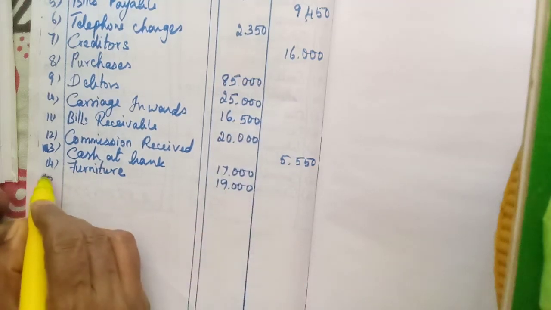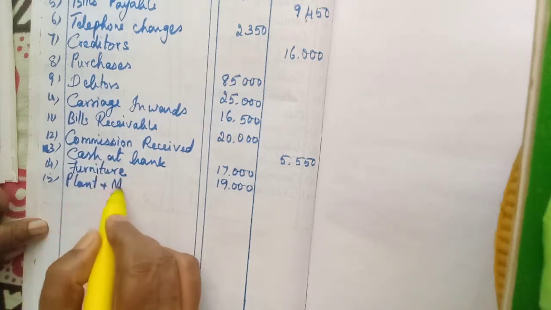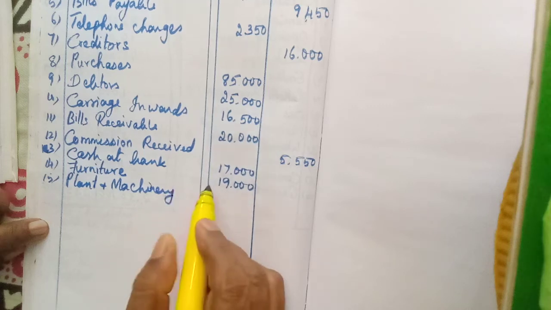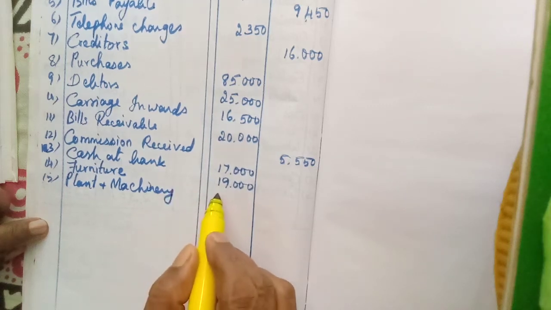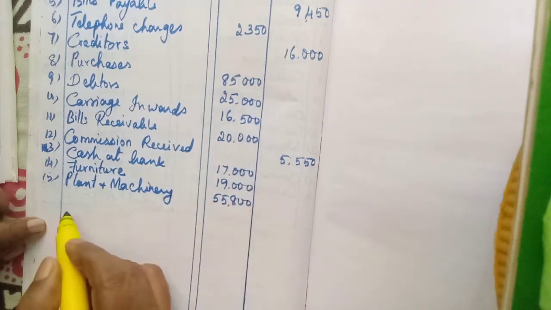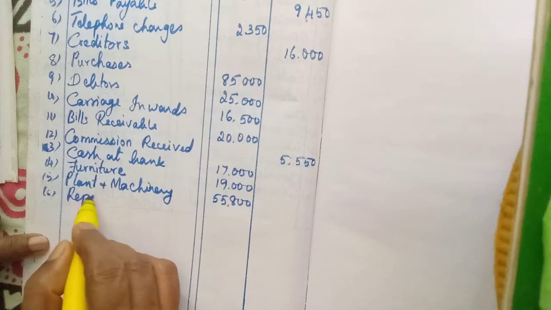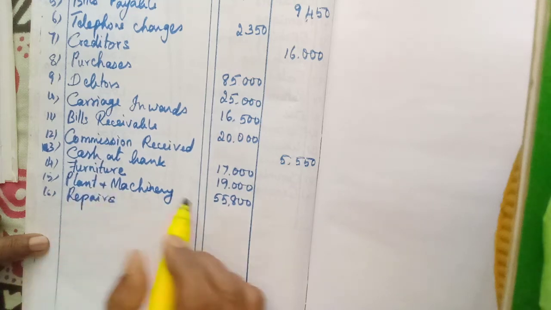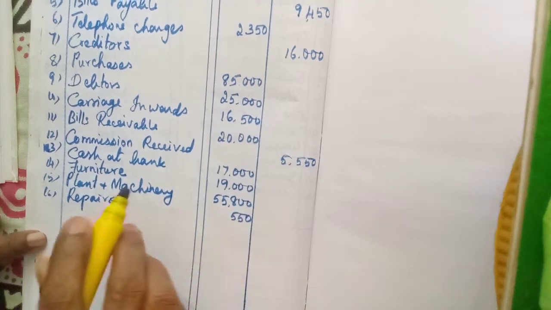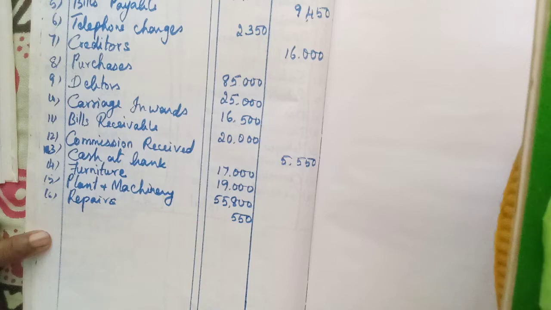Plant and machinery $55,800. Repairs. It is one expense. So it is also debit 550. That's all, isn't it? We have written all the items.